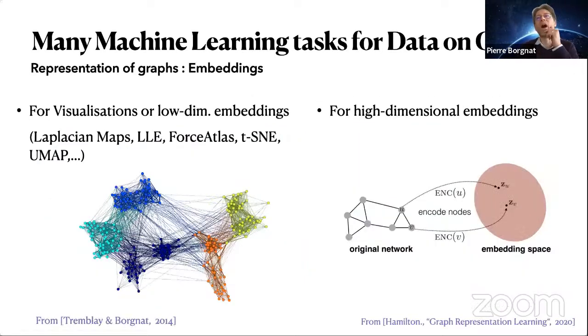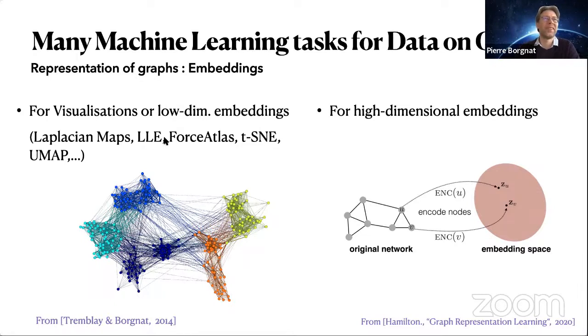So, one way to do that is to rely on the global set of techniques of representations or embeddings of graphs. Again, this has a long history. First, initially to visualize complex graphs.